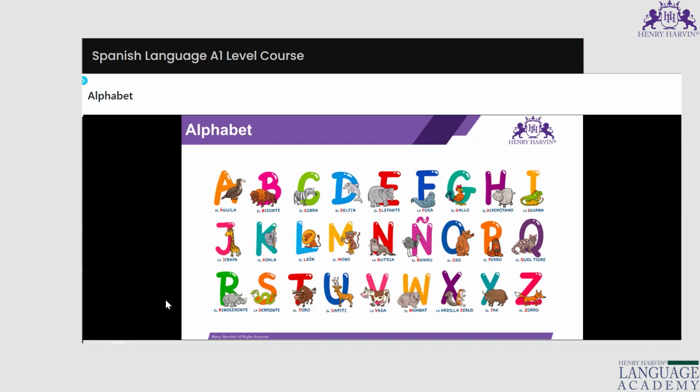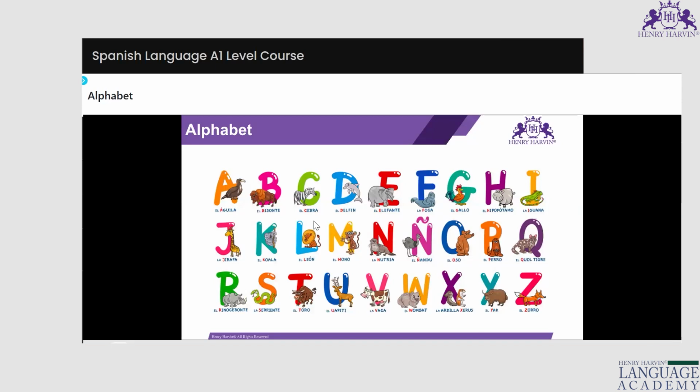If you find that tilde on any vowel, you have to stress that sound. Águila, vulture.